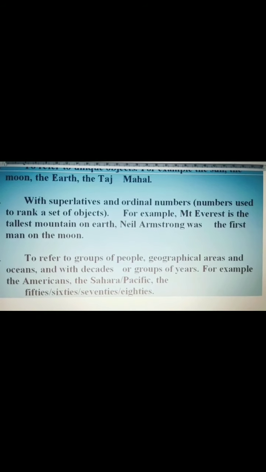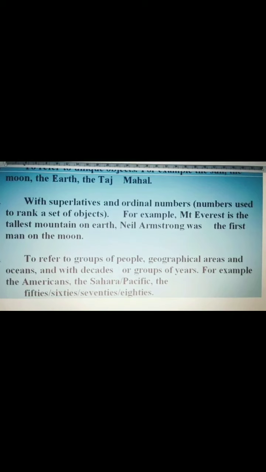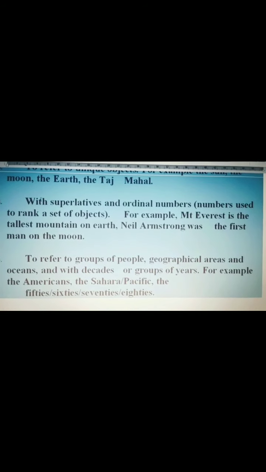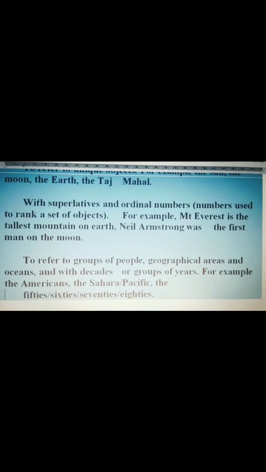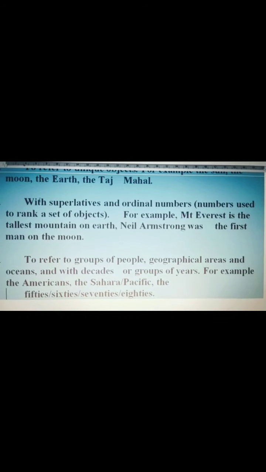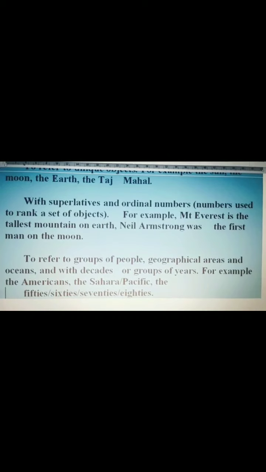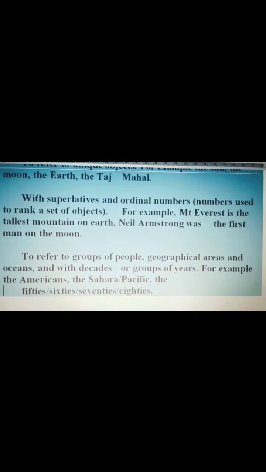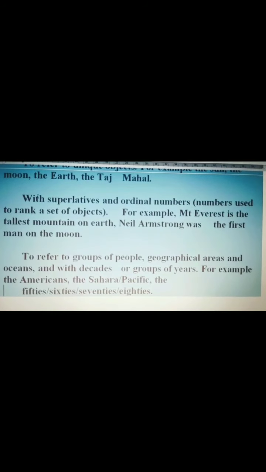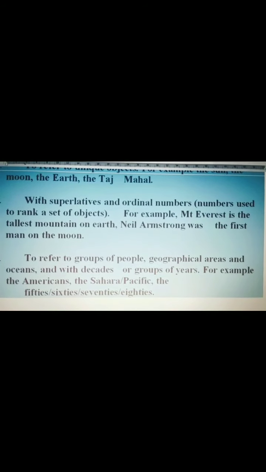Here we are using the superlative one, the tallest, so that's why before that the will be used. Neil Armstrong was the first man on the moon. Before the ordinal number first, again we have used the.